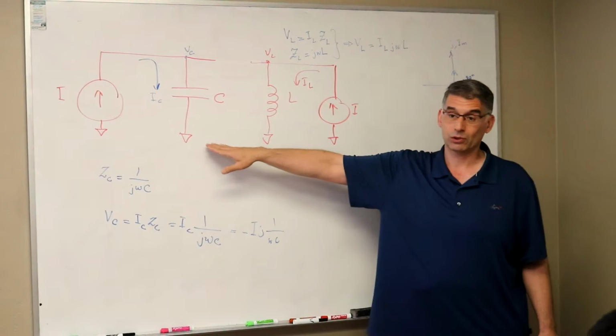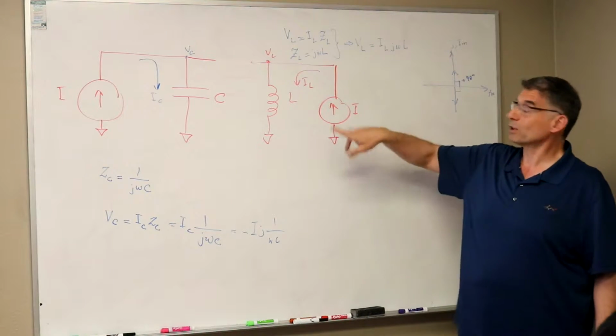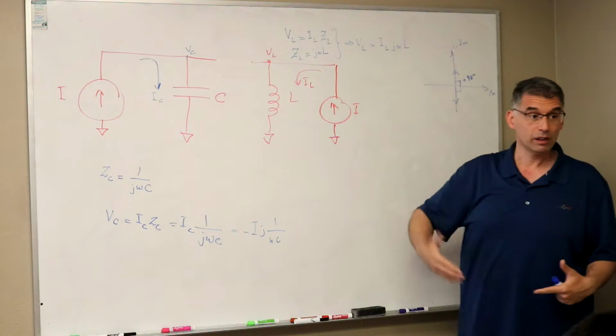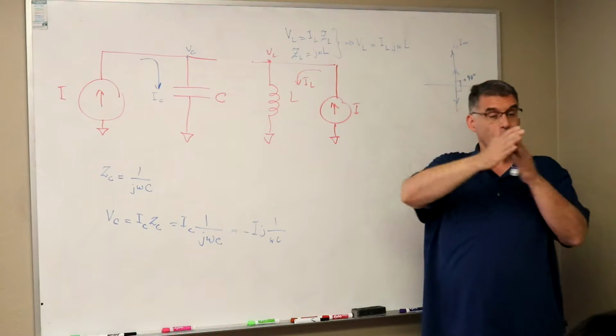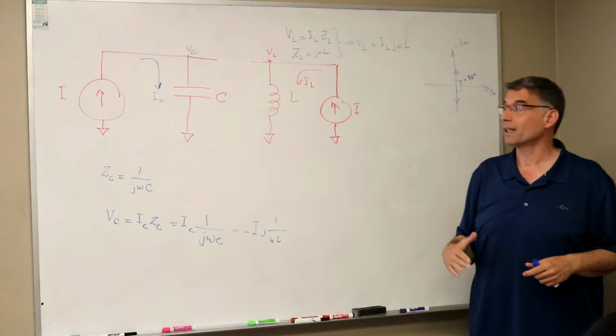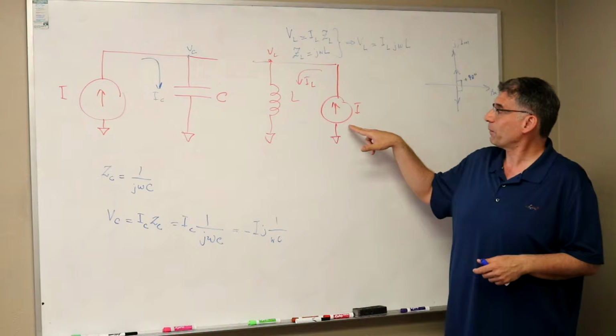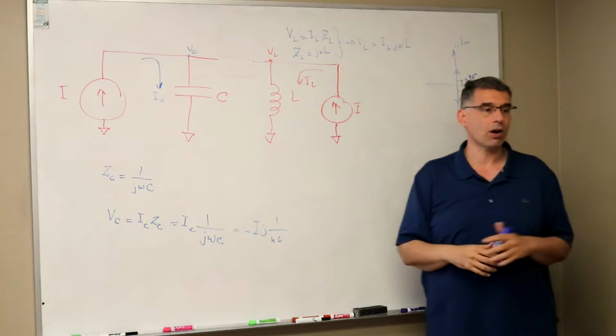If you remember, for the capacitor, we wanted to actually build a circuit and make the measurements over a range of frequencies. And what we said was, how can we create a current source?